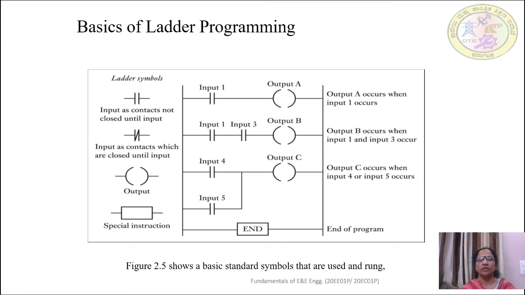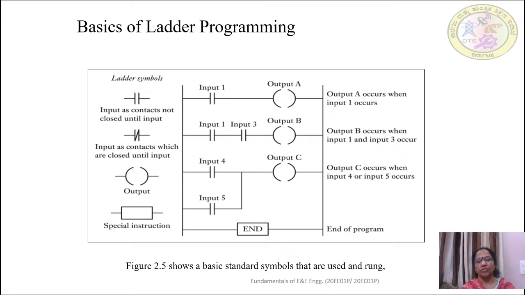Students, I repeat once again: output A will occur when input 1 occurs. Output B will occur when input 1 as well as input 3 occur. Output C will occur when input 4 or input 5 occurs.